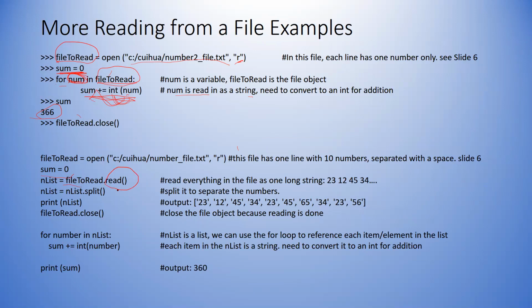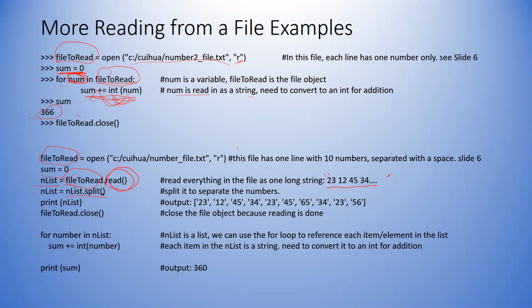Remember, read reads the whole file. Readline will read each line, one line at a time. So file to read is the file object name. File to read dot read reads the whole file into this variable. You're reading all these numbers, and then we are splitting it.